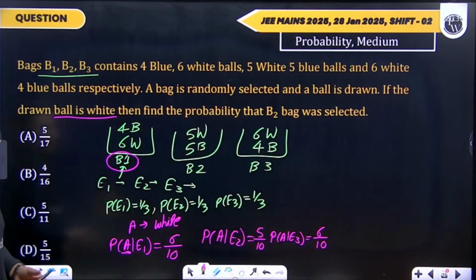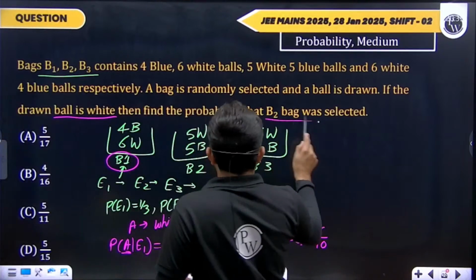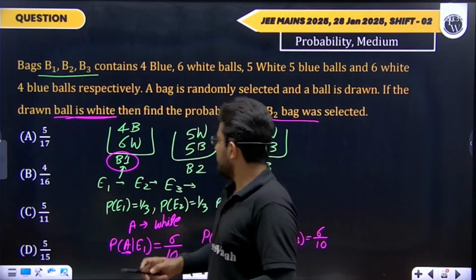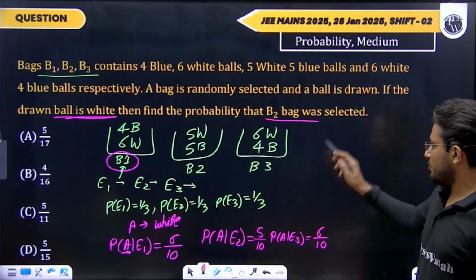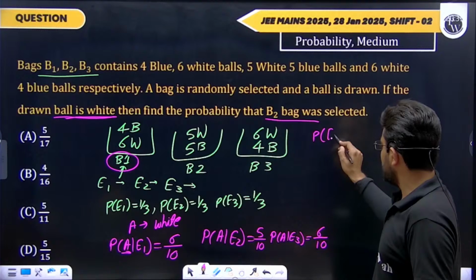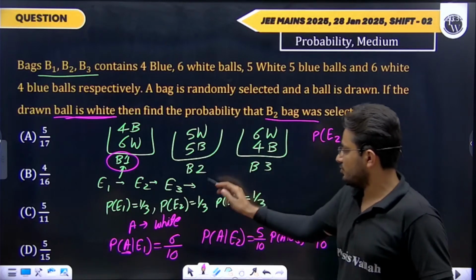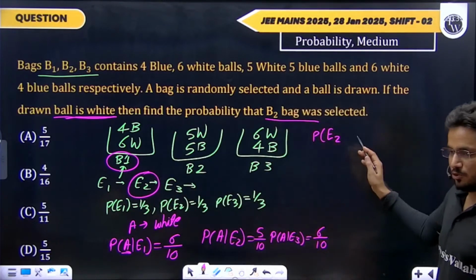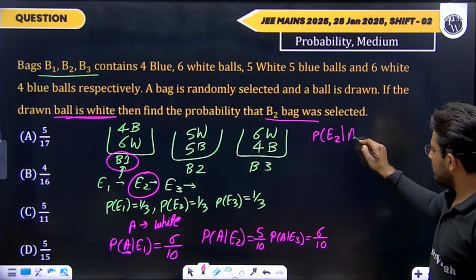After that we have to calculate the probability. Given that a white ball is already drawn, we have to find the probability that the ball was selected from bag 2. This means we have to calculate for E2. Bag 2 means E2 event, and A has already occurred.